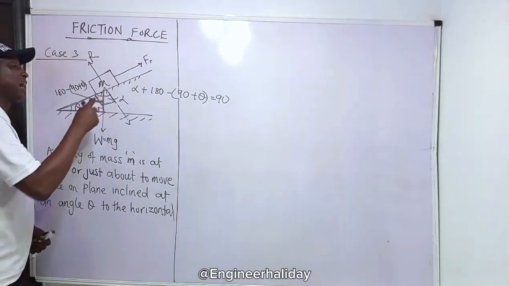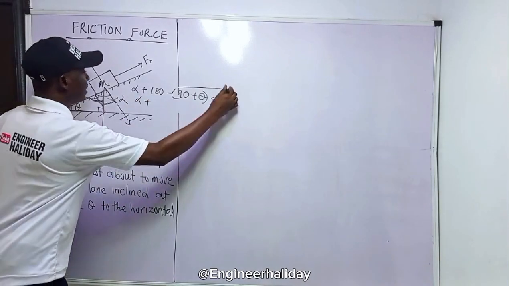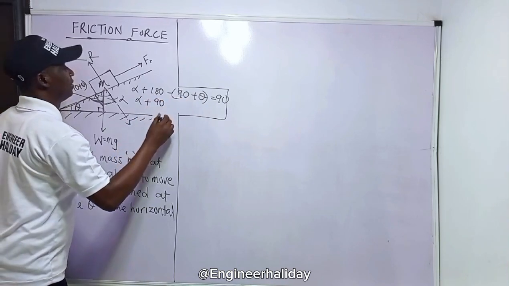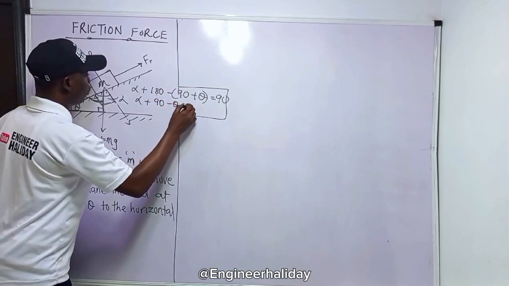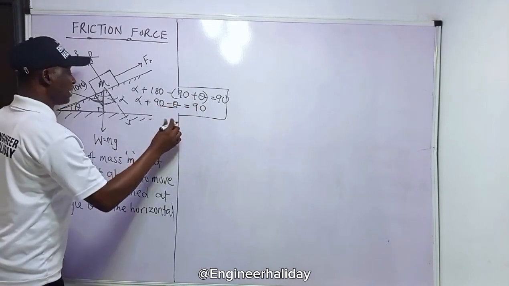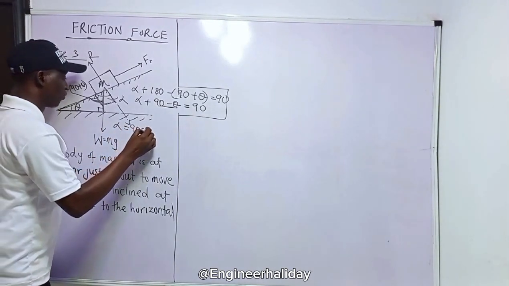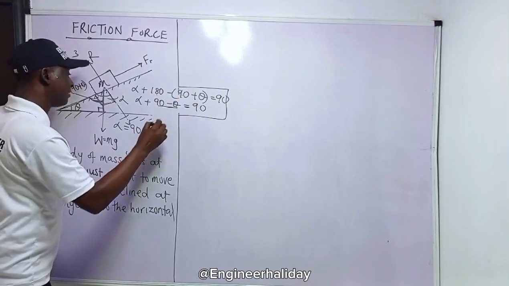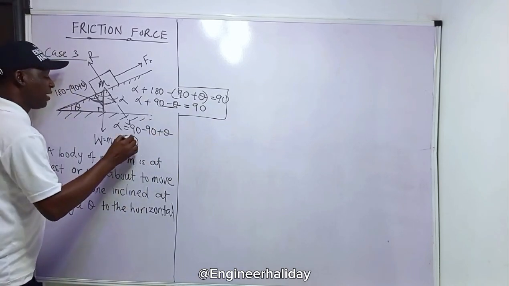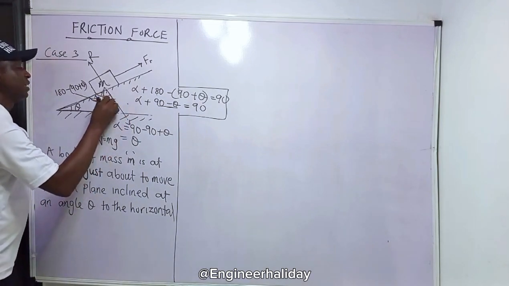To get alpha: 180 minus 90 is 90, then minus theta, equal to 90. Take all this to the other side to make alpha the subject. Alpha equals 90 minus 90, and minus theta goes there and becomes plus theta. At the end, alpha equals theta. That's why most times we call this place theta.